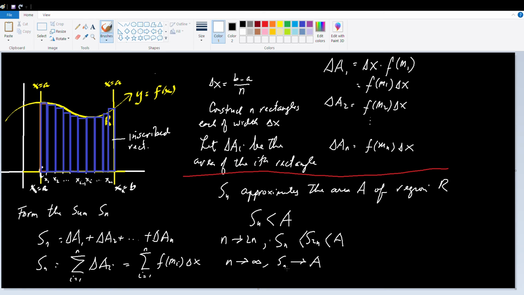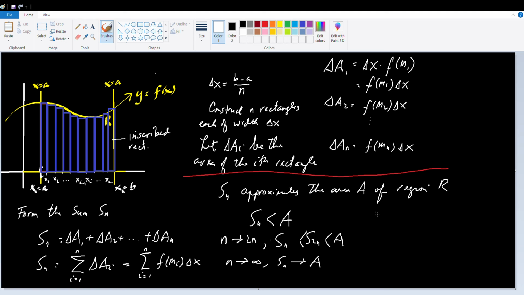The greater the number of subintervals, the closer the value of S sub n to the area of region R. So if we take the limit of S sub n as n increases without bound, the limit will be equal to the area of region R.